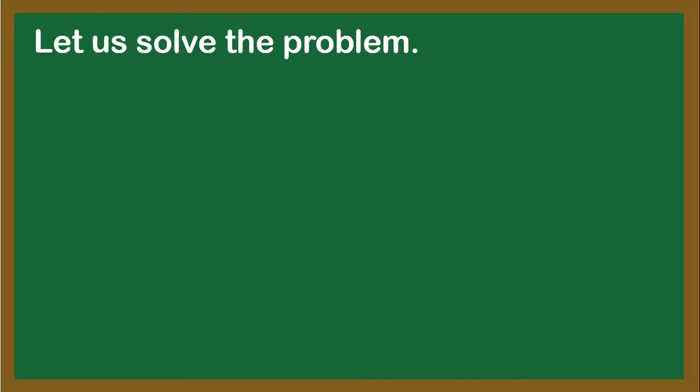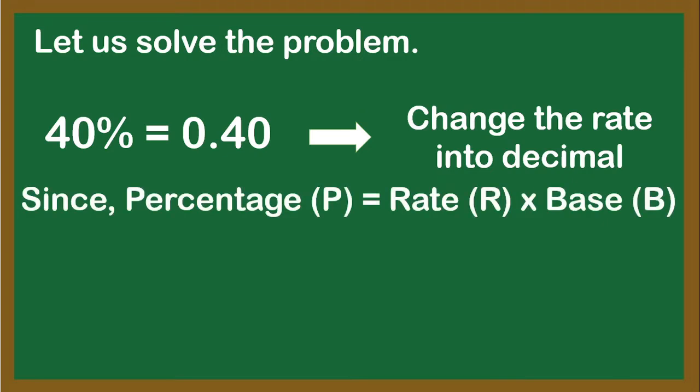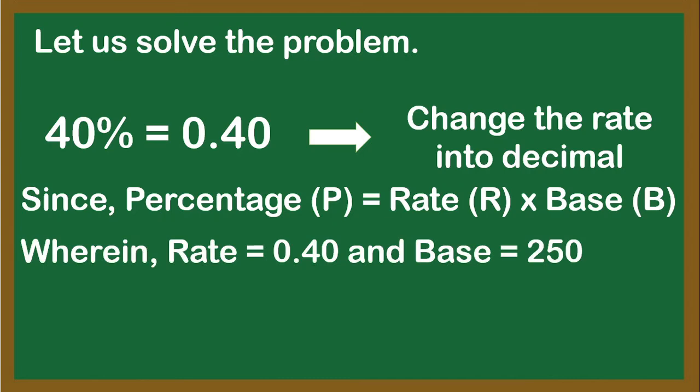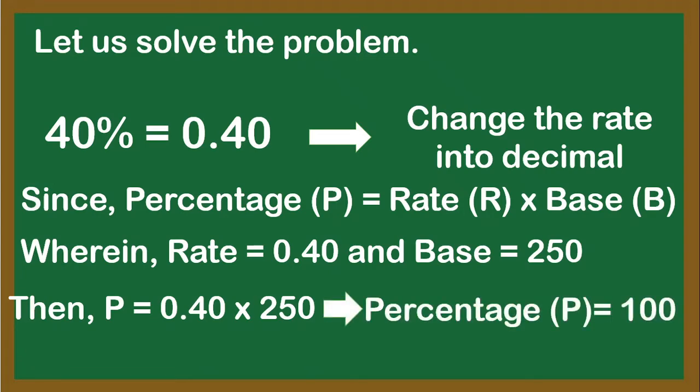Let us solve the problem. Let 40% equal 40 hundredths. That is changing the rate into decimal form. Since percentage P equals rate R times base B, wherein rate is 40 hundredths and base is 250, then P equals 40 hundredths times 250. Taking the product of 40 hundredths and 250, the percentage now is 100.